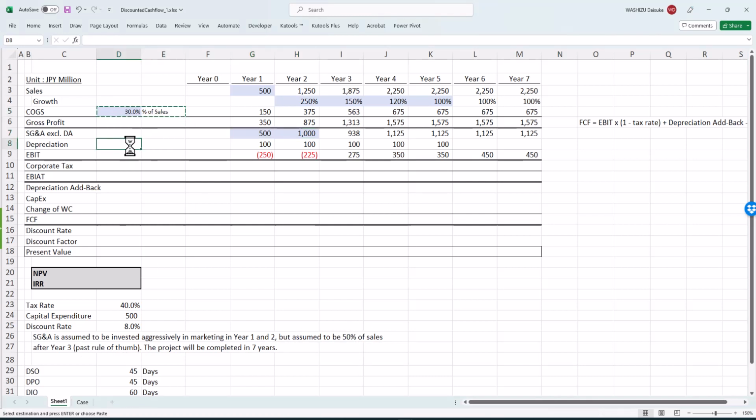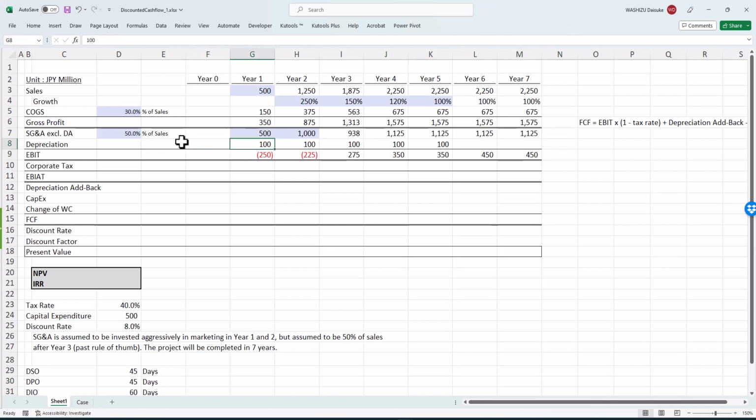So I want to use the formula here. 50% of sales for year 3: sales amount multiplied by 50%. Press function 4 three times. So we can get a formula here.